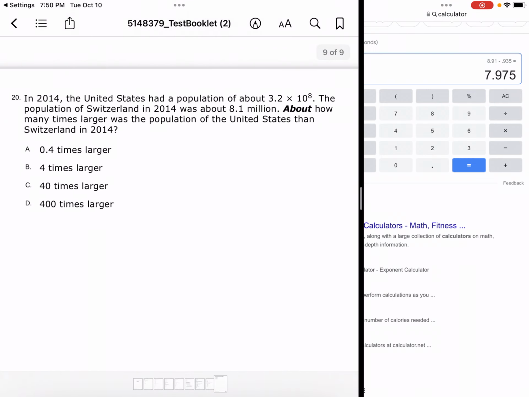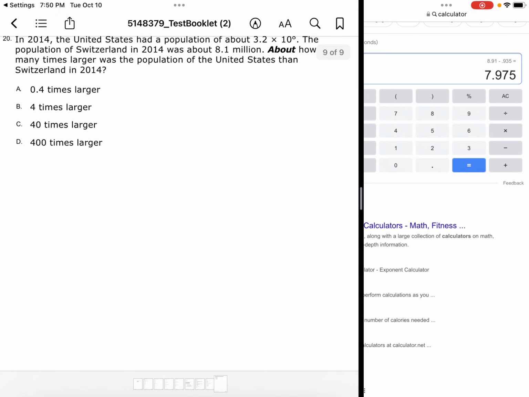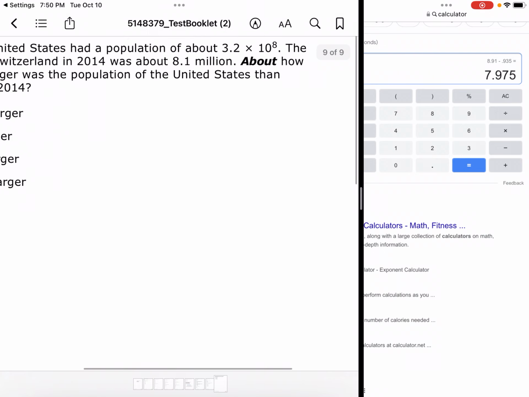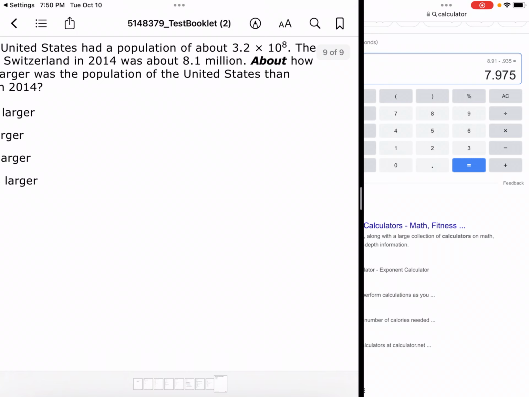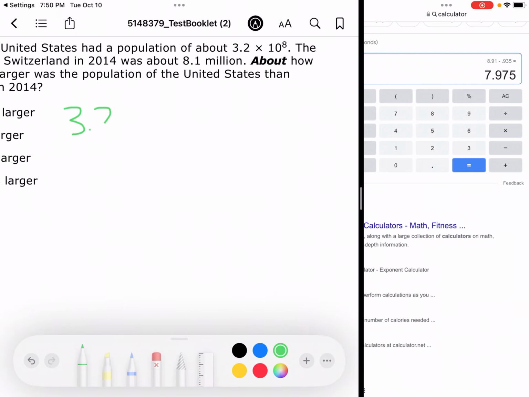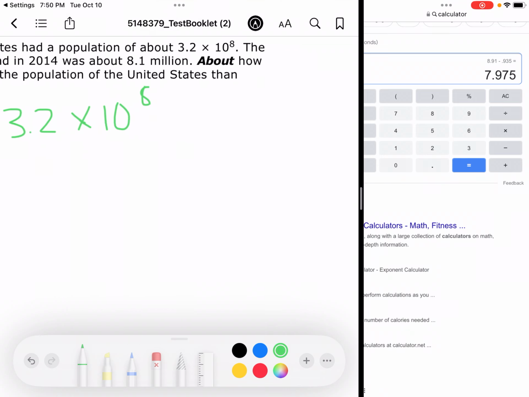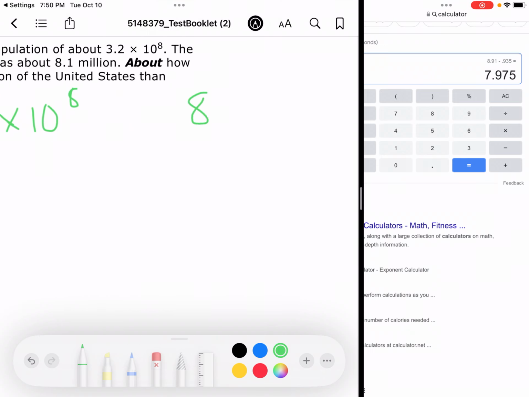All right, last question. They're talking about the population in Switzerland and the population in the United States. So I have 3.2 times 10 to the 8th, and they want to know how many times larger. And then I need to think about what's 8.1 million.